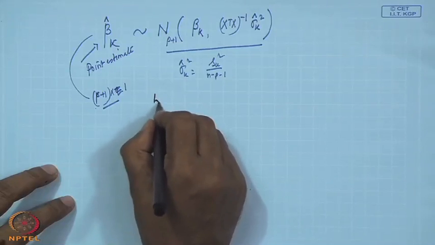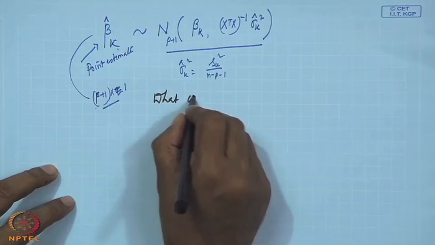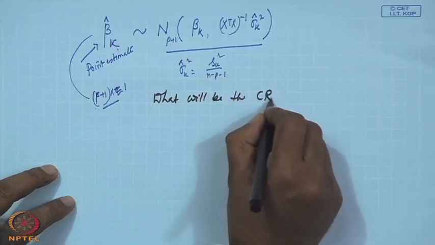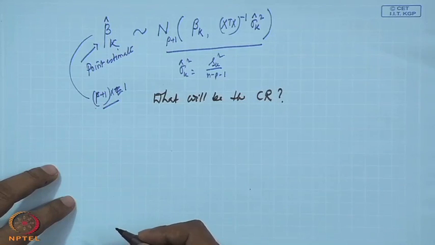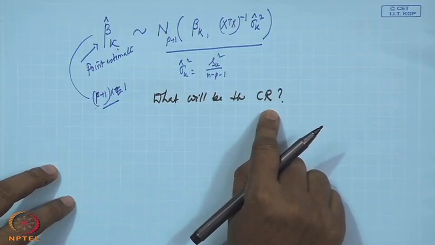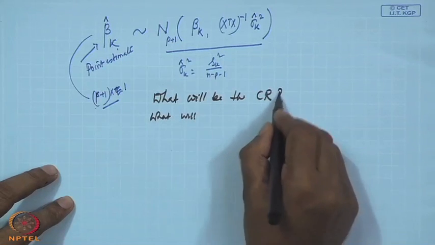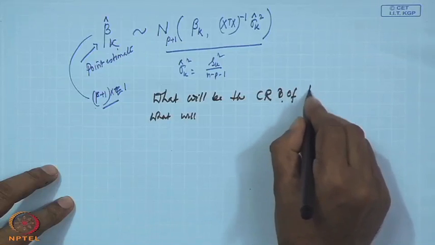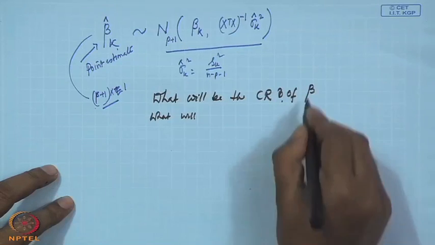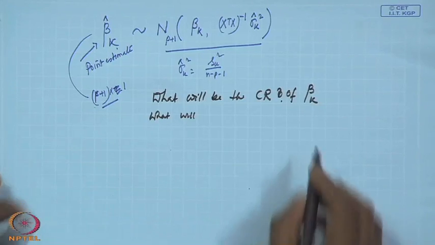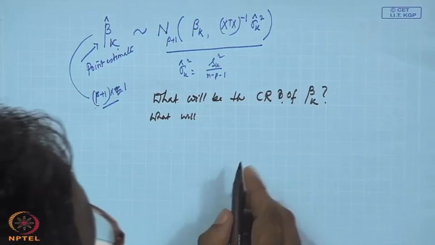Now, the question comes: what will be the confidence region, because when we are coming to the multivariate domain, first is the confidence region. Then what will be the confidence region of what? Confidence region of beta_k. Here we are going back to individual variable beta_k, that we have seen in MLR.